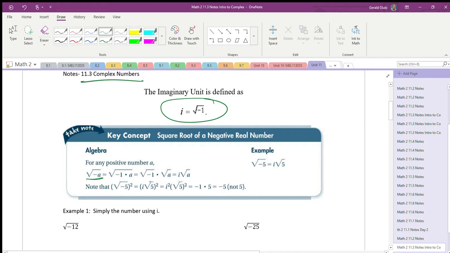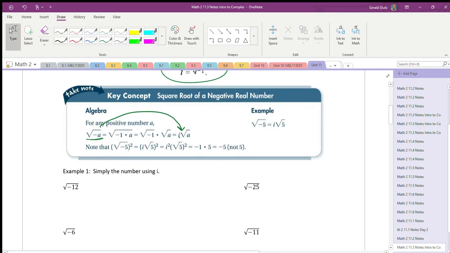Then you can simplify that to the square root of -1 times the square root of a. But the square root of -1 is i, so I can write i times the square root of a. Basically, when we have a negative inside of a square root, if I multiply the square root times i, the negative inside of there goes away.